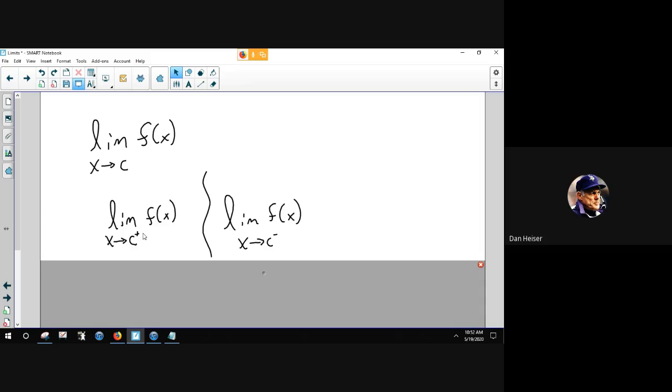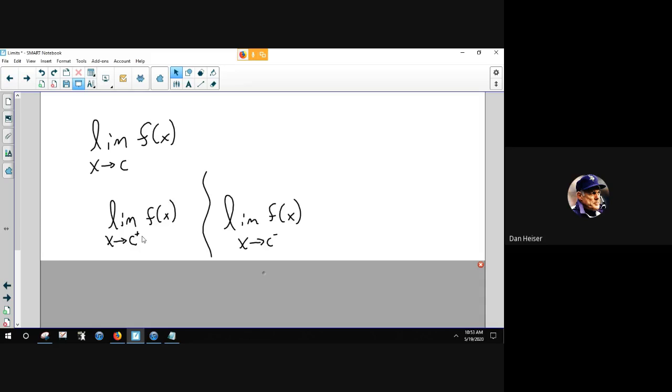This is not an exponent. It is not something that says this is a positive or a negative number. Over here, we have the same thing, only it's negative. They do not mean positive, negative. They do not mean exponents. What they mean is right and left hand limits.